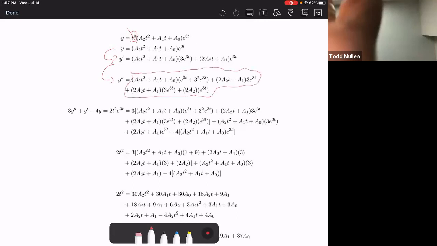And now we're going to evaluate 3y double prime plus y prime minus 4y is equal to 2t squared e to the 3t. Well, we're going to plug in what we just solved for y double prime, y prime, and y. And it's going to make this very long expression.